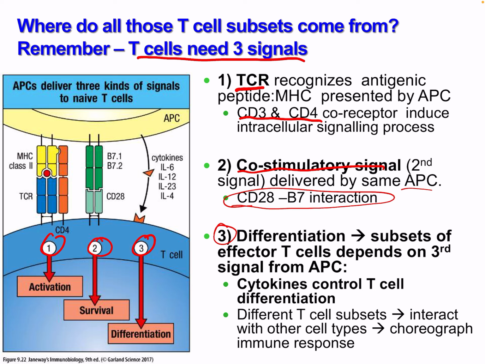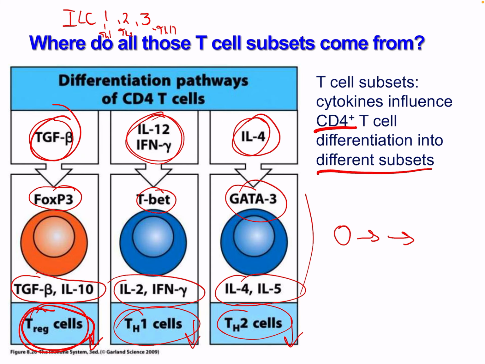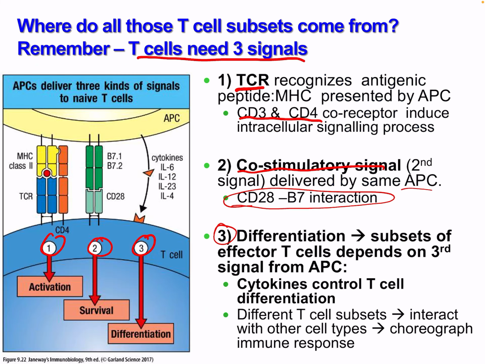So this third signal is where we get what do we do next, essentially. Here we get a bunch of different cytokines. This is not an all-encompassing list, but here's an example of many cytokines. Then we have subsets of effector T cells, which depends on the third signal from the APC. So cytokines control T cell differentiation, and these different T cell subsets interact with other cell types and choreograph the immune response.